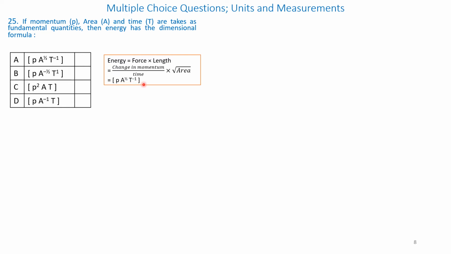Therefore, the option given here is P A to the power of half t to the power of minus 1. That is the correct answer. Let us mark it. Option A is the correct answer.